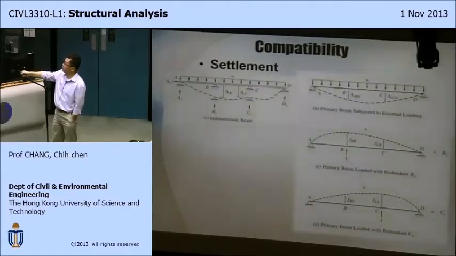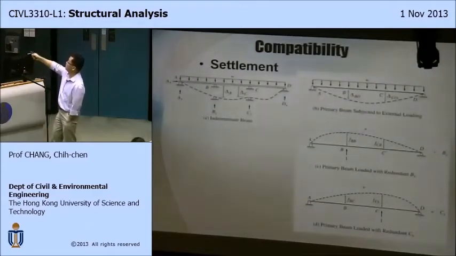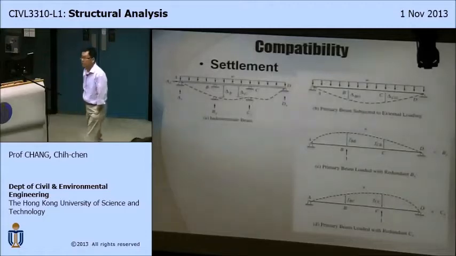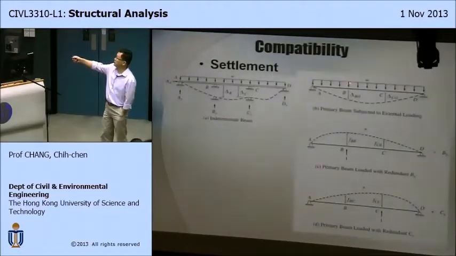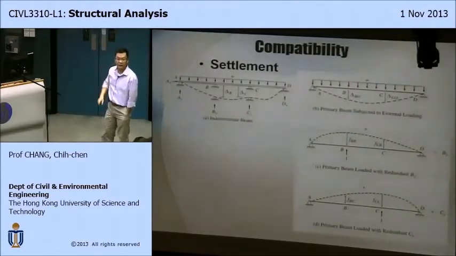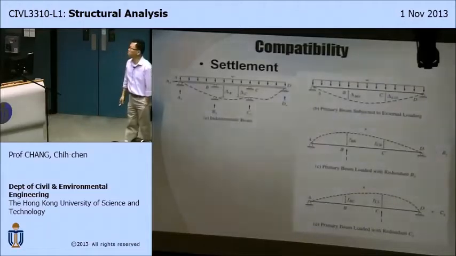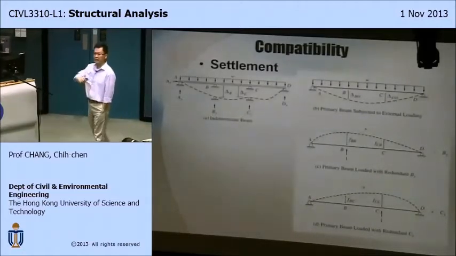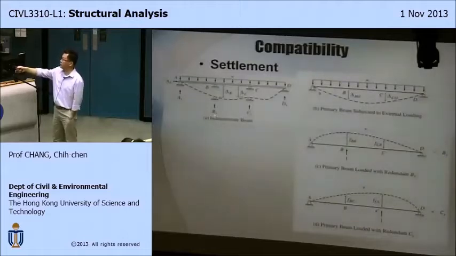Removing the reaction forces there is equivalent to removing the support. So this is the first analysis I need to do. And I calculate the displacement at B and C under the actual loads. And then I start to add back the redundant forces. So there are 2 redundant forces. I do it one by one. I apply a unit force along the by direction.